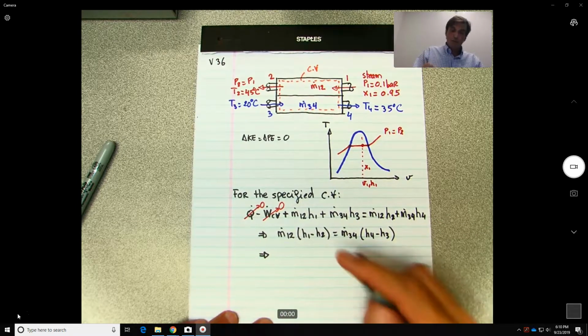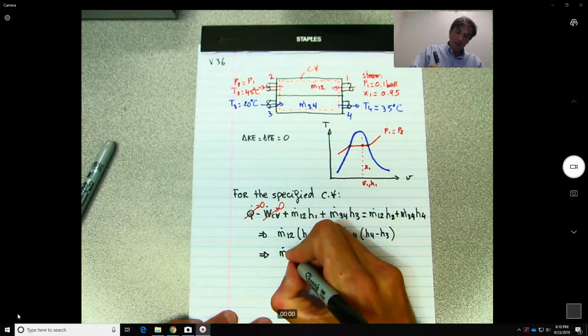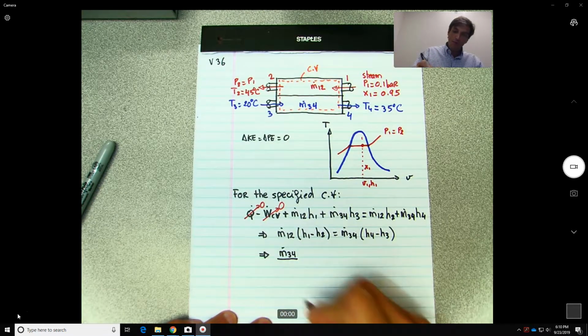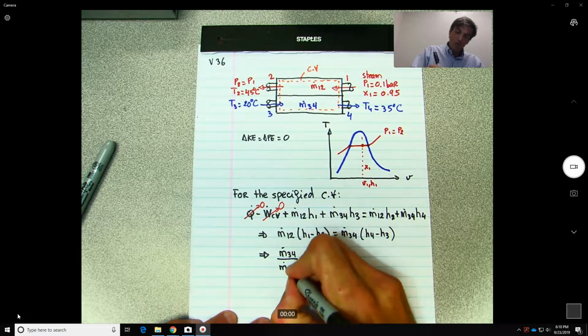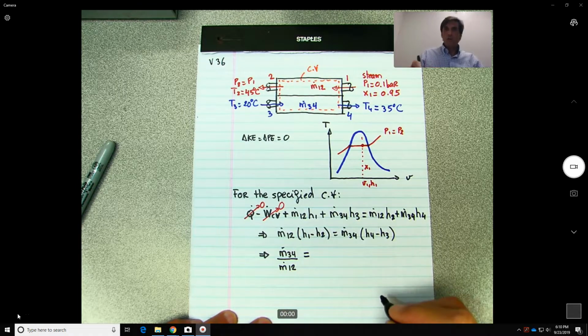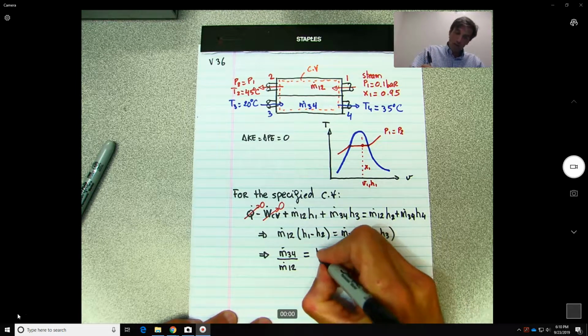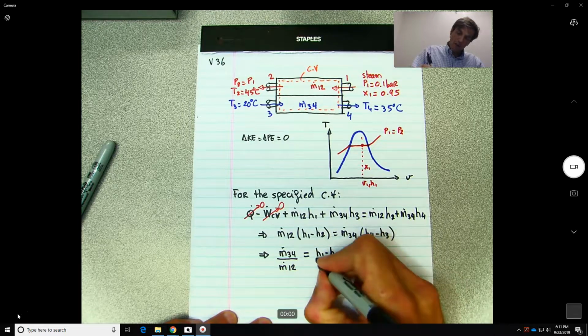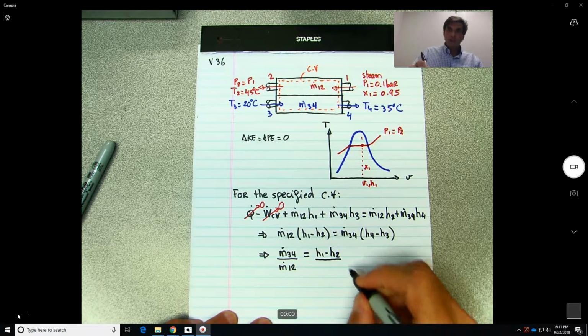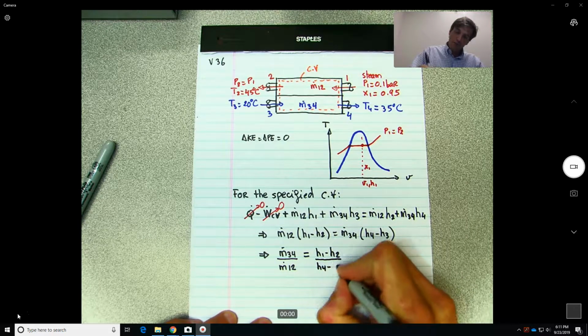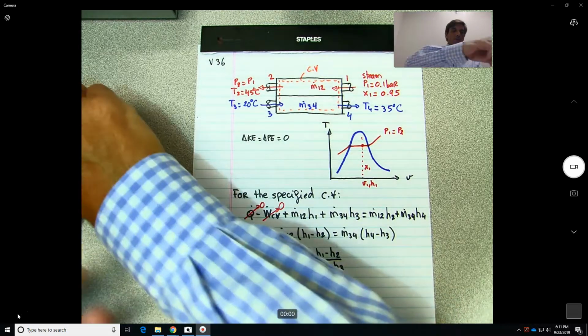Okay, so we find the ratio. Let's do this one over here. M34 over M12 will be equal to what? So I move this one down here, so it will be equal to H1 minus H2 divided by H4 minus H3.